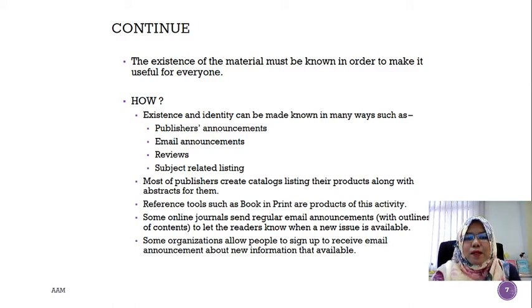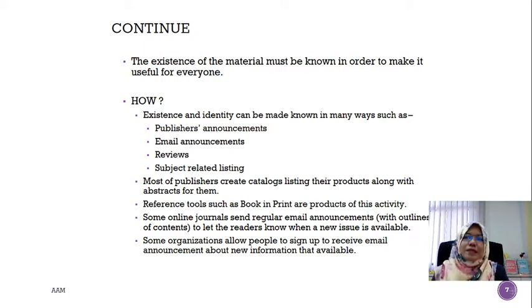How? Existence and identification can be made in many ways, such as publisher announcements, email announcements, reviews, subject-related listings, and so on. Most publishers create catalog listings of their products along with abstracts. They click the catalog and there is an abstract, so people read the abstract first to see whether it fits their needs.